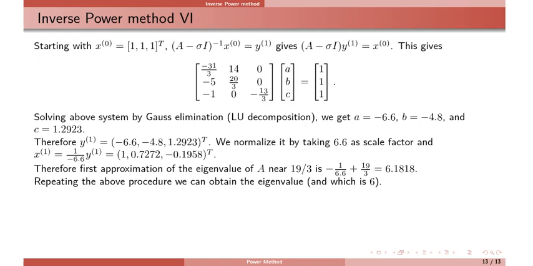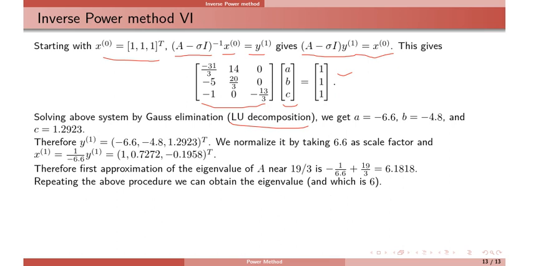Start with (1, 1, 1). Apply this matrix on the initial guess x0 to get y1, and as we did before, I am pre-multiplying by A minus sigma I on both sides. So this is A minus sigma I, and you need to compute y1. Let us assume that y1 is (a, b, c), and this is x0, and solve this system. You can apply Gauss elimination or LU.